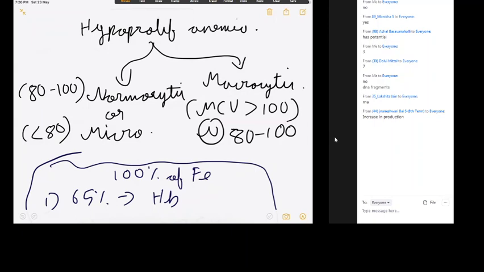If I tell you there will first be an increase in production and then a decrease in production, is it right? It will first be a hyperproliferative marrow, and then it will become a hypoproliferative marrow. Whenever any situation comes, your body needs to make sure that some amount of your RBCs are present, right? Your body has something called compensation. Your body tries to compensate.